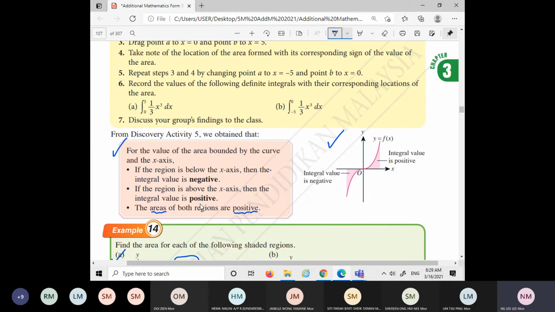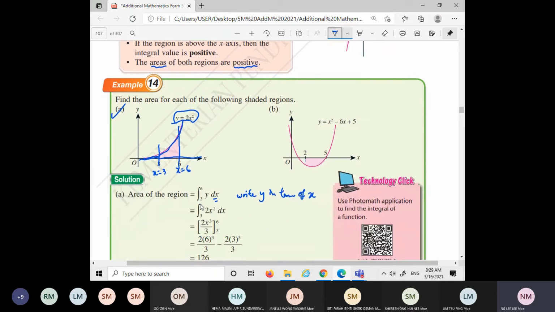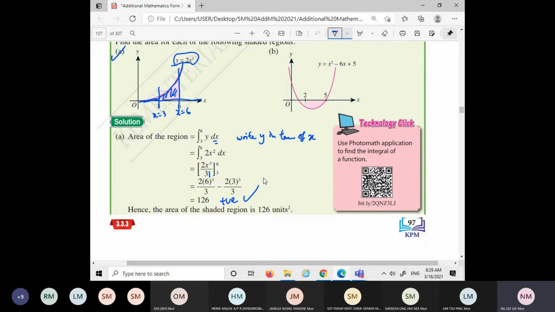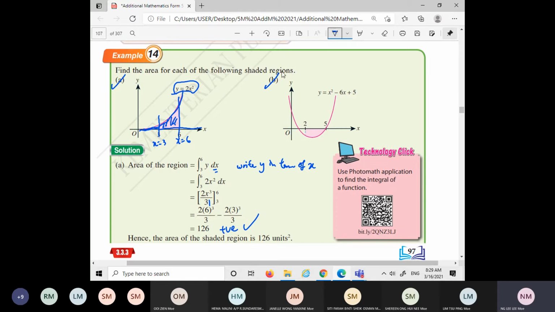Okay, we will see one example. Look at this example. Just now the example A, this area is above the x-axis. Therefore, the integral you will confirm get positive, no doubt. But here, for B, the region that you want to find is below the x-axis.